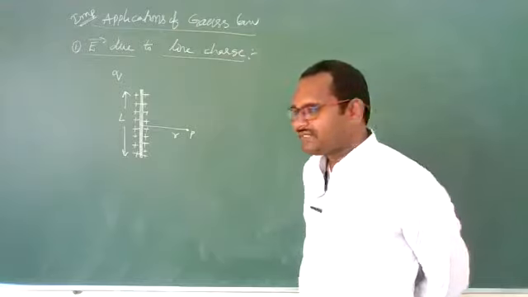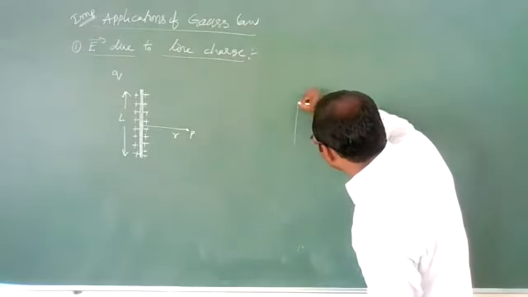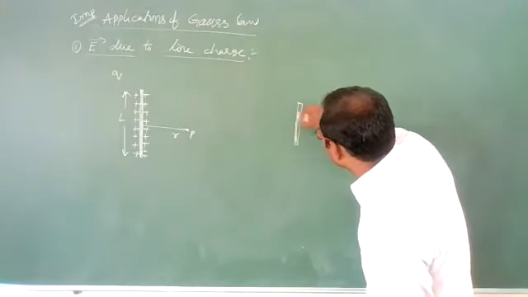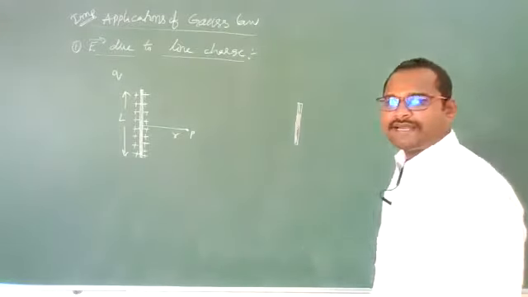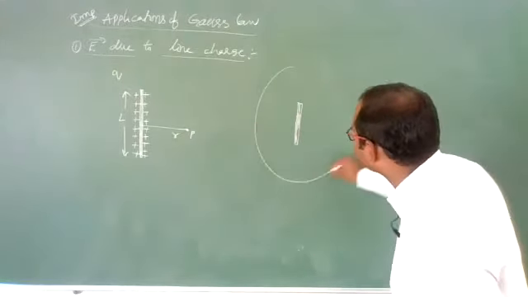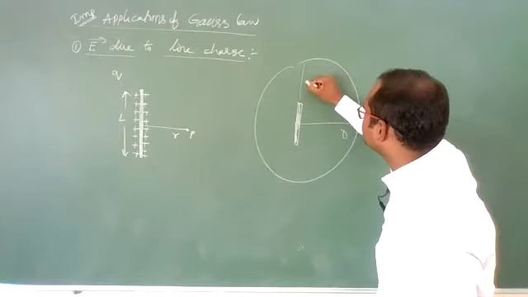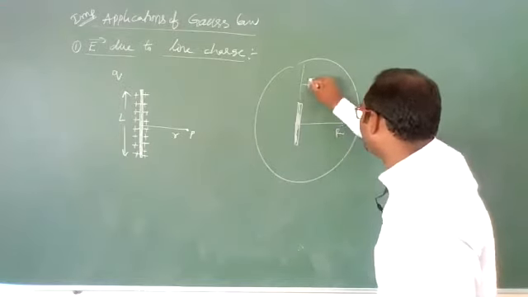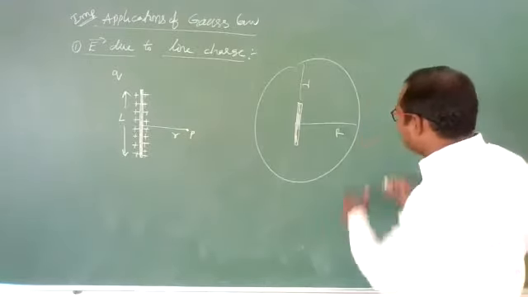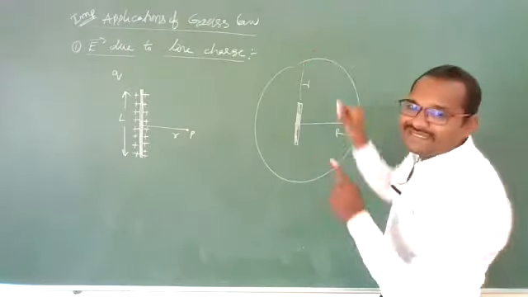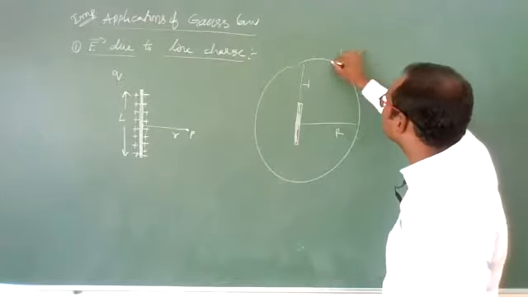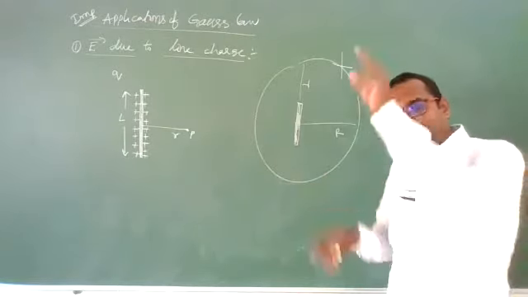So imagine this is a rod with uniformly distributed charge, and around it you consider a spherical surface. This distance is large compared to this distance. That means the electric field at this point and at this point cannot be equal. So we should not consider a spherical surface around a line charge.